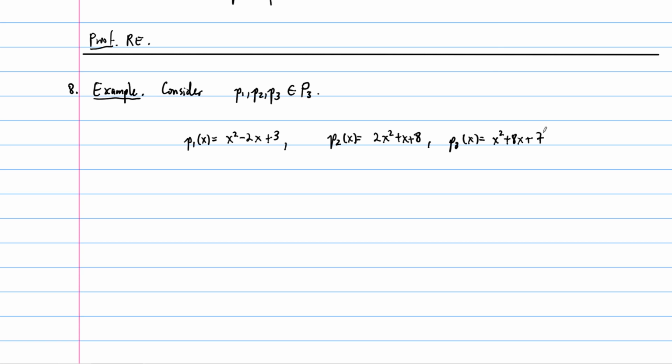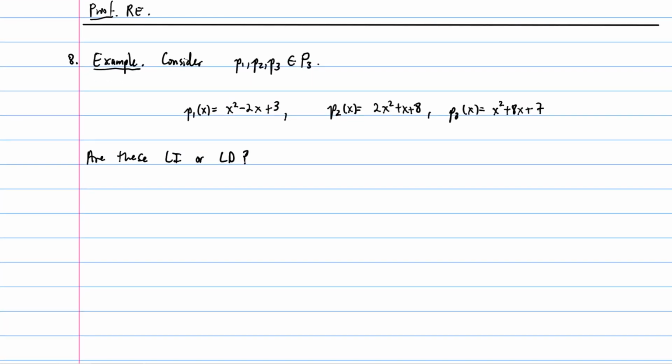All right, and I want to know, are these linearly independent or not? So are these linearly independent or linearly dependent? So we'll say LI or LD. All right, so there's our question. So what I'd like you guys to do is try to remember, before I leave you guys, I'll remind you, the 0 vector in this space, right?